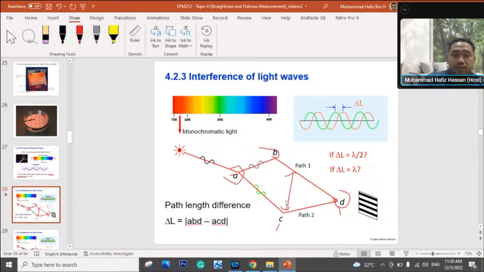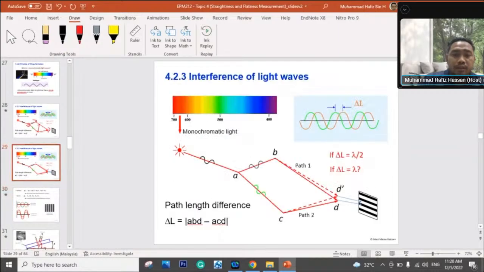So you have to know this theoretical part. Based on the output, there are two types of fringe: a bright fringe and a dark fringe. The white color is the bright fringe, and the black color is the dark fringe. What do the dark and white fringes mean? In easy words, if it is white, the surface is in contact.